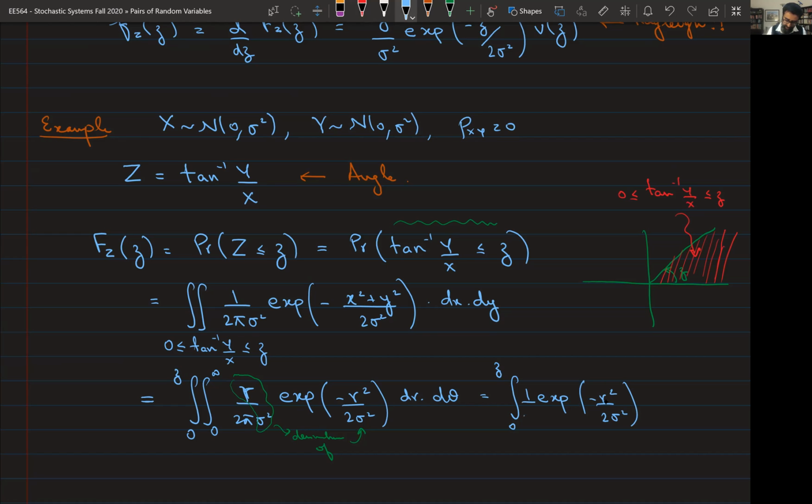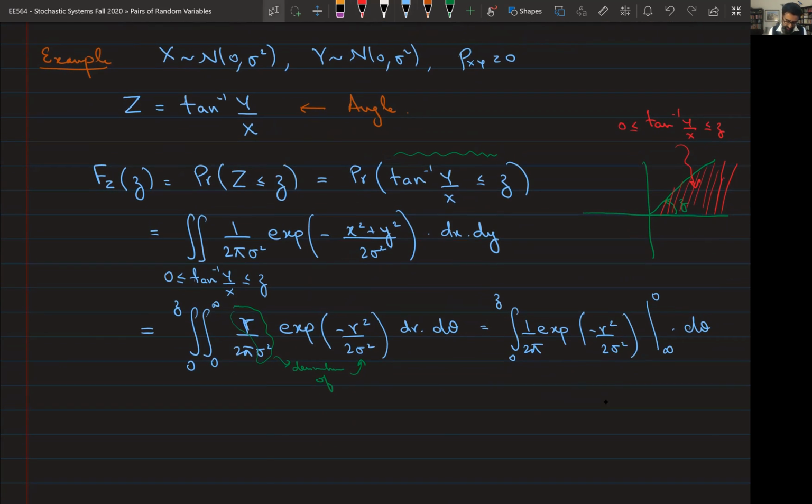I need to have a 1 upon 2 pi here, and this goes from 0 to infinity, and d theta. The reason why I flipped the limits is because of the minus sign. Okay, so that's a small step I've missed. It turns out that this is just 1, right? So this is 0 to z, and this is 1 upon 2 pi times d theta, because the other thing is just equal to 1, and therefore this is z upon 2 pi, as long as 0 is less than or equal to z is less than or equal to 2 pi.